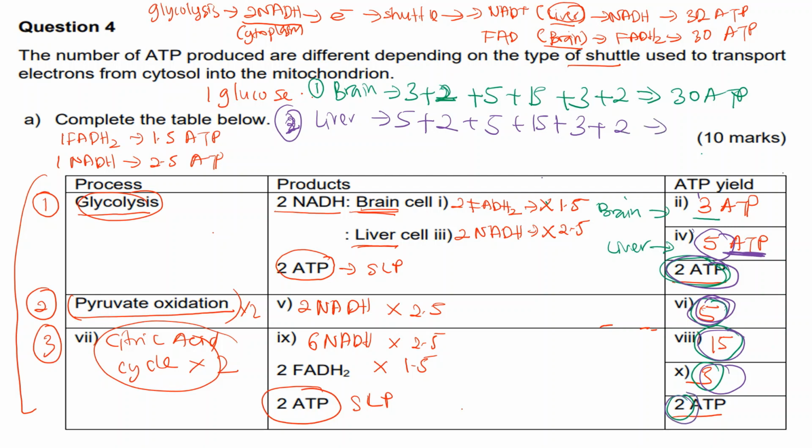This should give you 32 molecules of ATP. So that's the amount of ATP produced for liver and brain cell during cellular respiration.